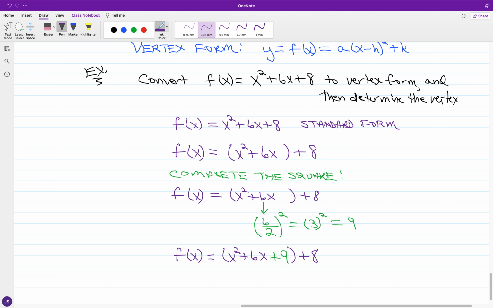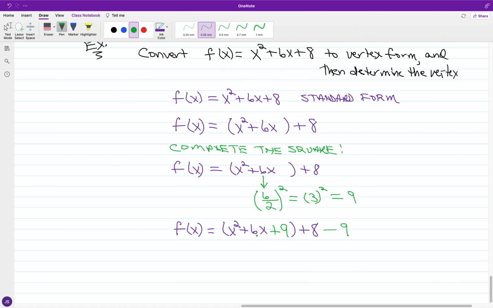If I add 9 and 8 together, we'll have 17, but I want to get it back to the addition of 8. So to undo the excess created by adding 9, I'm going to subtract 9 at the back. Okay, so just get it back to x squared plus 6x plus 8.